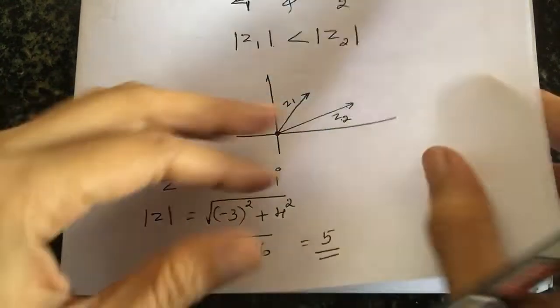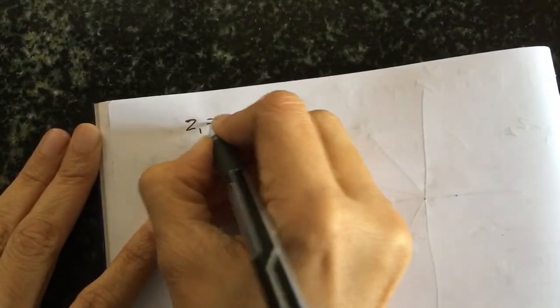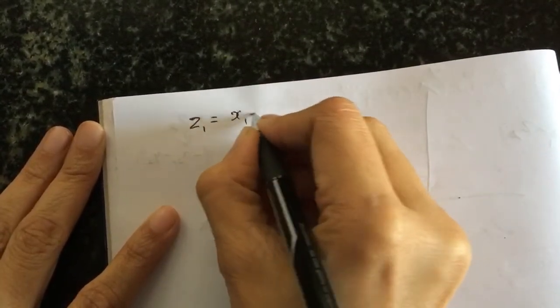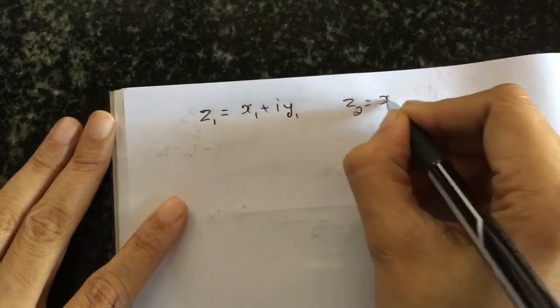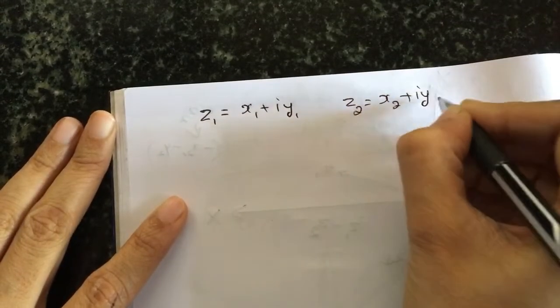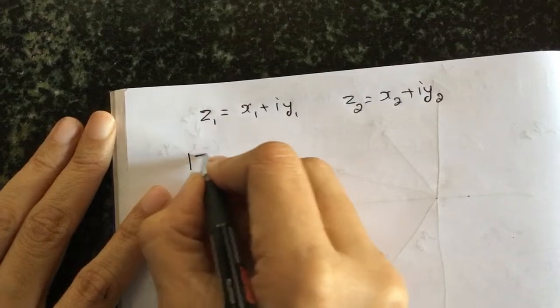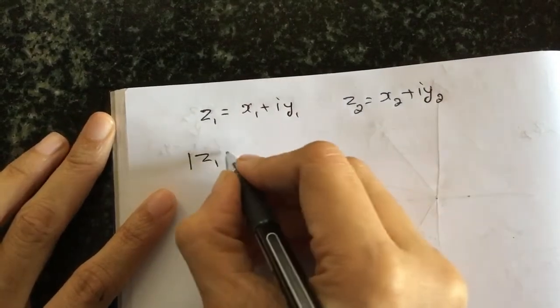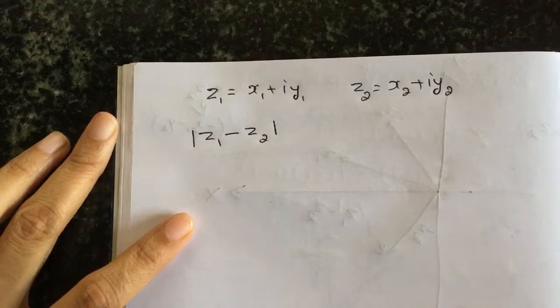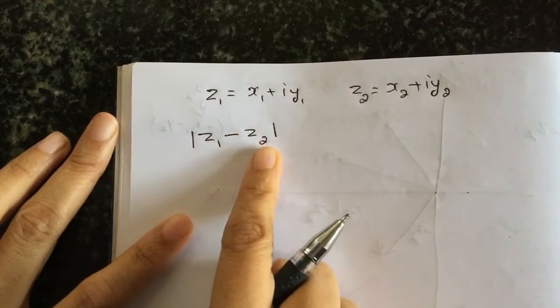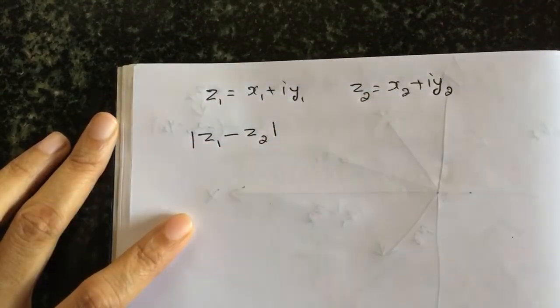Now suppose z1 is x1 plus iy1 and z2 is x2 plus iy2, and I want to find the modulus of z1 minus z2. This gives the distance between z1 and z2.